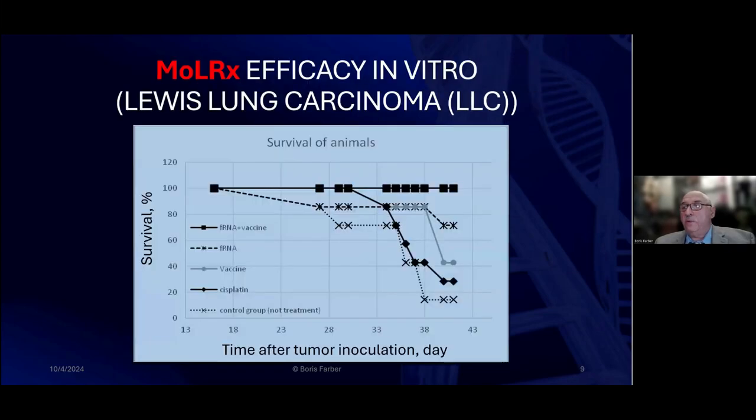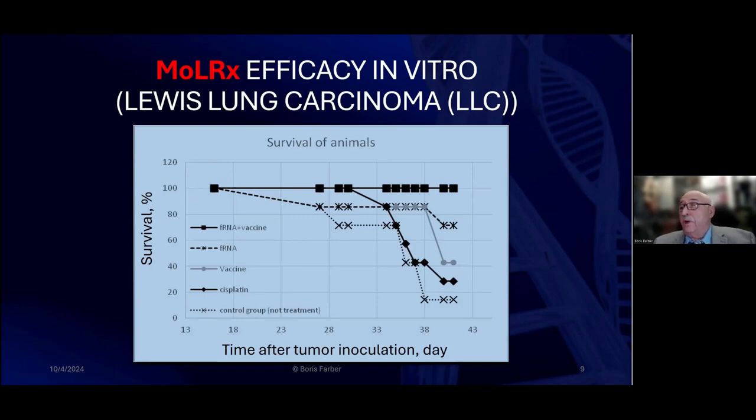One of the examples of our research evaluated several anti-cancer drugs and a bacterium-derived immunomodulatory lectin in treating multi-drug resistant, very serious carcinoma, Lewis carcinoma, in mice. MolRx combined with immunomodulatory lectin yielded the best outcome, with 100% survival 40 days post-inoculation in the group receiving both. This line, 100% survival.